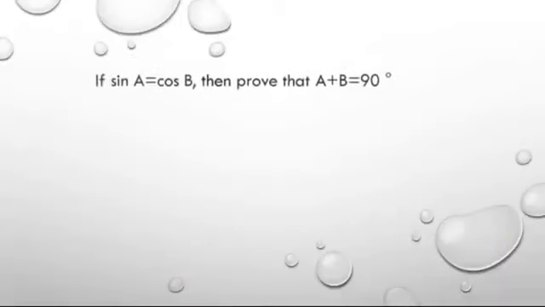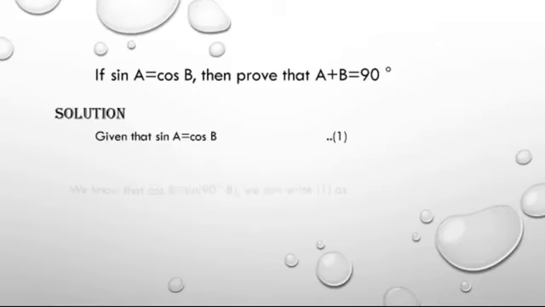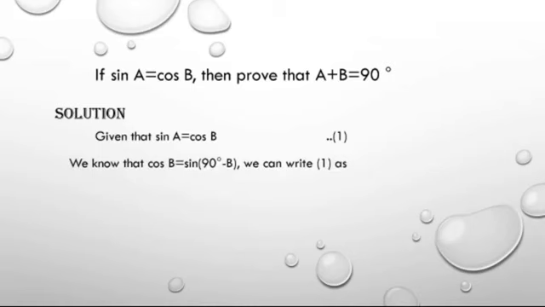If sin A is equal to cos B, then prove that A plus B equals 90 degrees. Solution. Given that sin A equals cos B, this is the first equation. But we know that cos B equals sin(90 minus B).